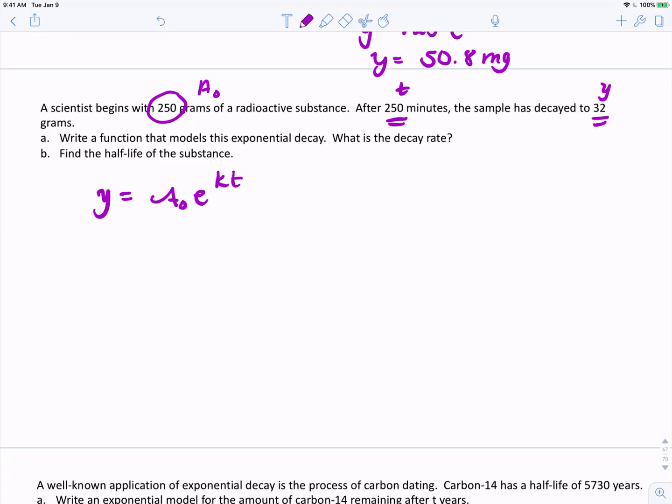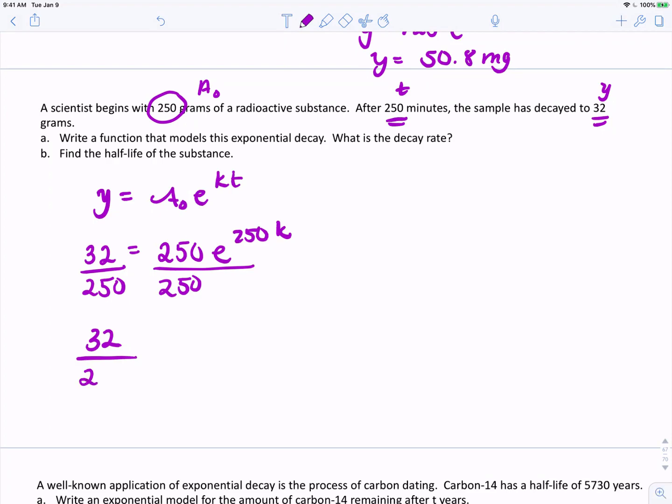All right, so here we go. 32 is equal to 250 e to the 250k. We'll divide both sides by 250, so we have 32 divided by 250 is equal to e to the 250k. We'll take the natural log of each side, allowing us to bring down the power.